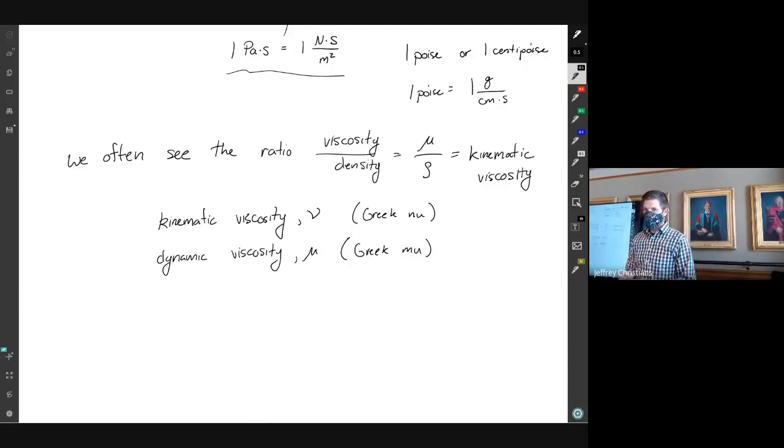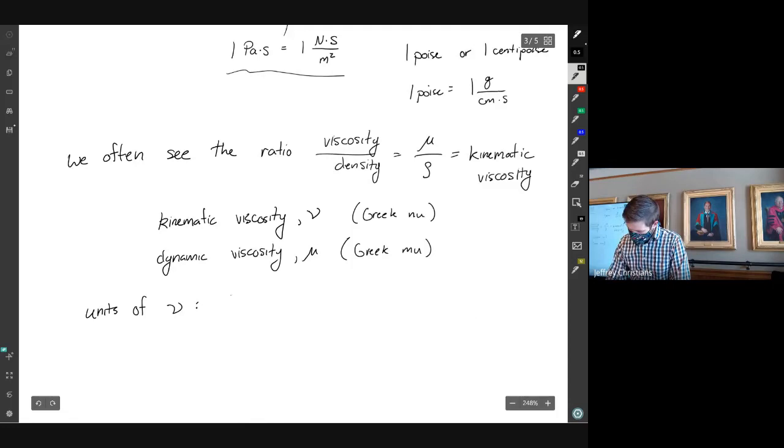You might expect kinematic viscosity has its own units. So the units of nu are an area per time, which is just a weird unit.